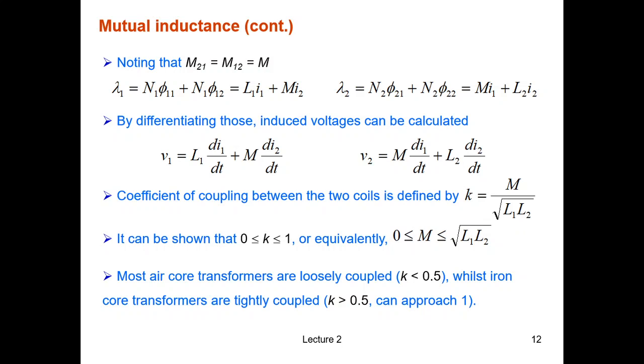Normally, we can prove that K is between 0 and 1. If you have loosely coupled coils, then K would be less than 0.5, and tightly coupled coils can have K larger than 0.5 and can approach 1.